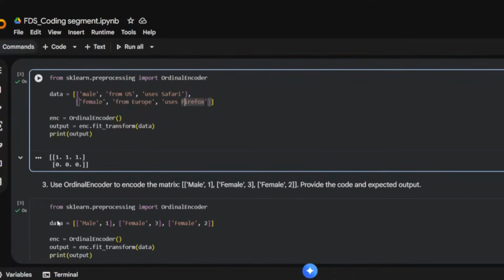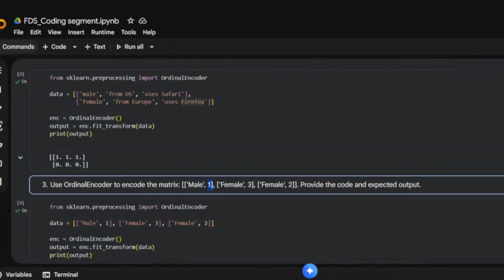Now, let's guess the output. There's male, female, female. Again, F has a lower value, so it will take up 0, and male has a greater value, so it will take up 1. Therefore, it will be 1, 0, 0.